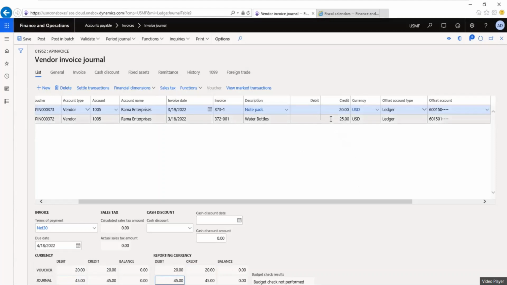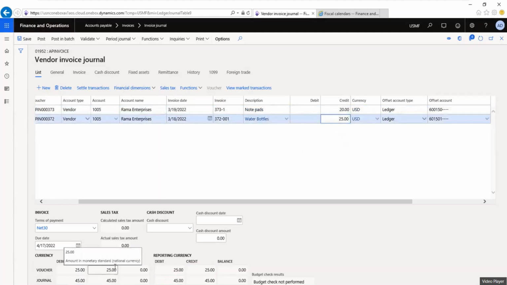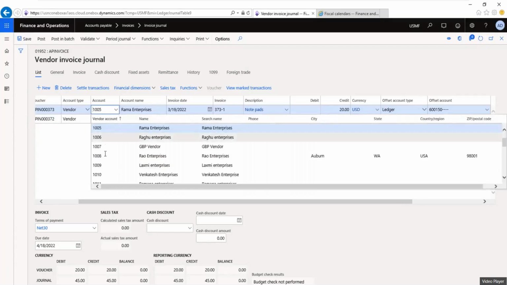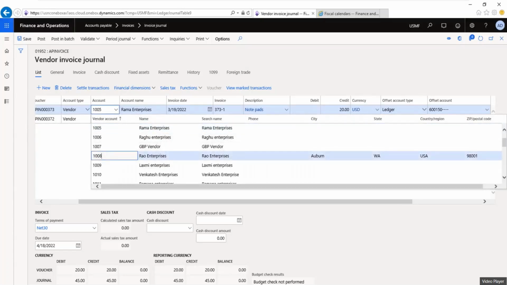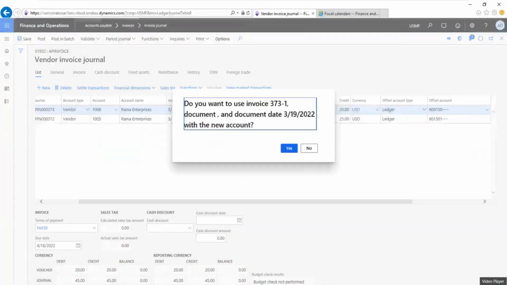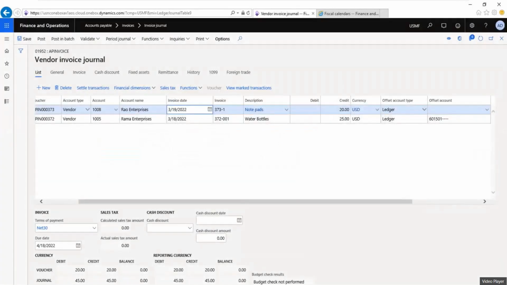If you select the second line, a participant asks: Sir, can I take a different vendor name in this line? Yes, you can select any vendor. Suppose it is not this vendor, you are purchasing from some other vendor. Yes, you can do it.